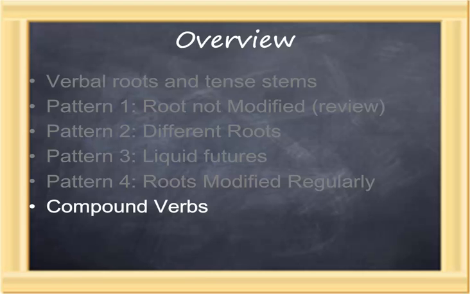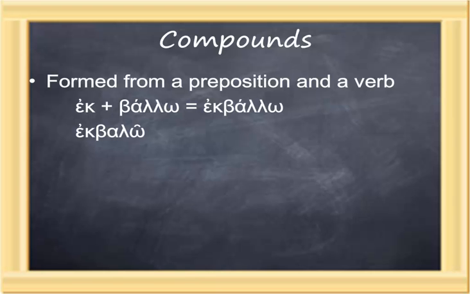The last point in this lesson is actually quite easy because we do this in English all the time, and that's forming compounds. There are compound verbs in Greek. A compound verb consists of a preposition being added to a verb, and often that preposition intensifies or even slightly modifies the root meaning of the verb.